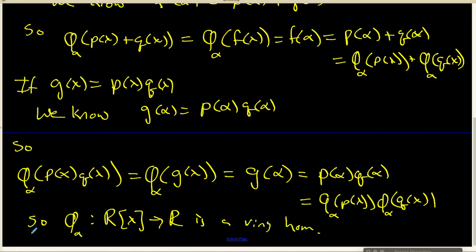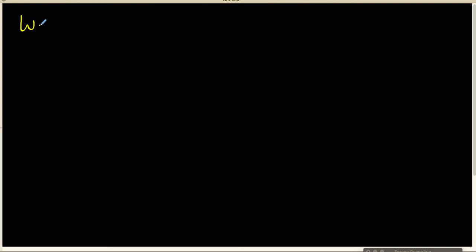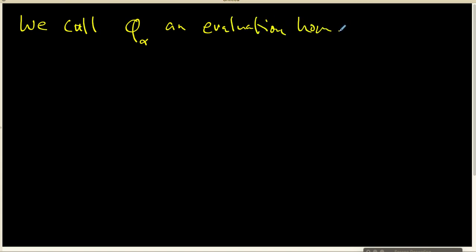Now, just a little bit of vocabulary to tie this video up. We call phi sub alpha an evaluation homomorphism from the ring of polynomials to the ring of coefficients.